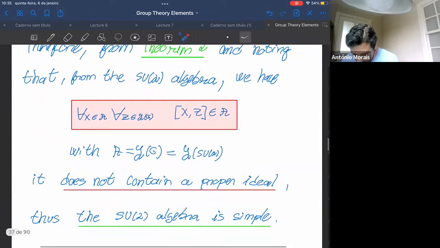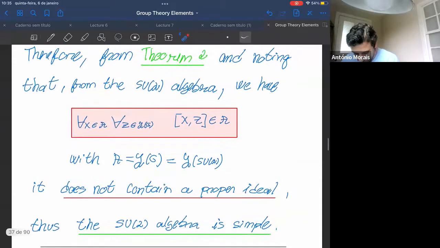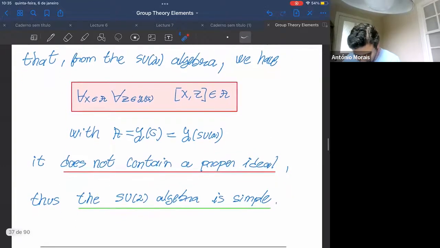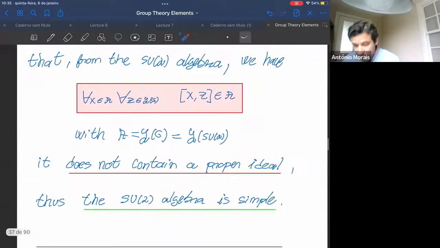So the key point here is just to show that the SU2 algebra does not contain a proper ideal. In fact, we had a discussion with Osvaldo actively in the last lecture, where we understood that SU2 does not have an ideal or proper ideal. Thus, the SU2 algebra is simple.